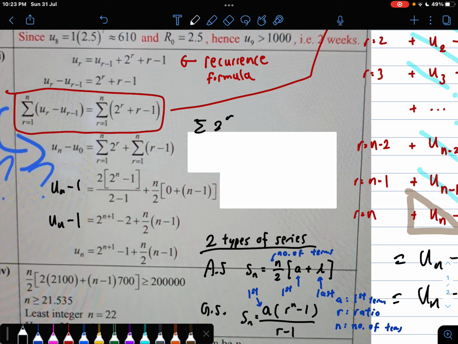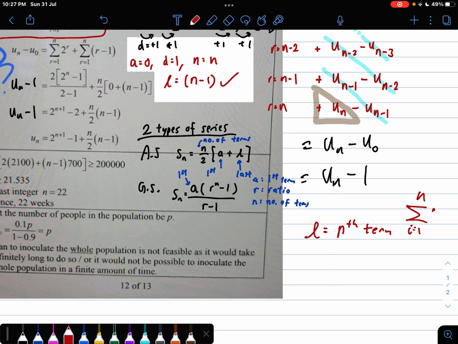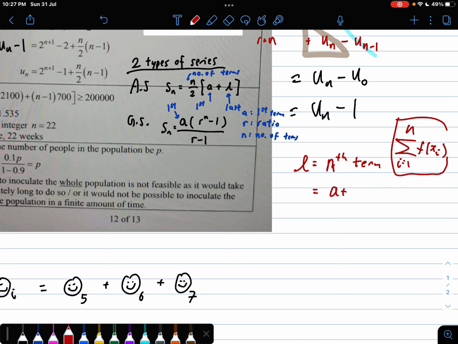Assuming you're summing from i equals 1 to n of some expression in terms of i, some f of i, for example, it will usually just be a plus n minus 1 times d if this was an arithmetic series. Substitute in the r with an n. Oh, that's how you get your L.